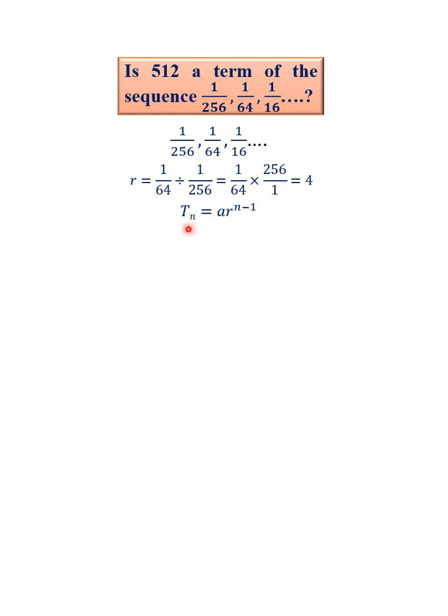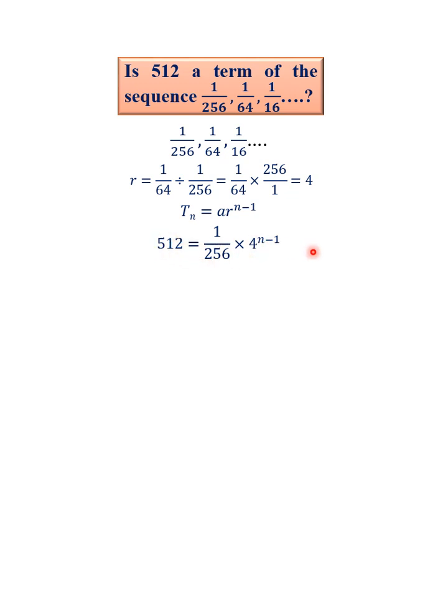Now, the nth term of a geometric progression is given as A R raised to power n minus 1. We are just going to find the value of n when this term is equal to 512. So 512 is equal to 1 over 256 for the first term, because a is the first term, times 4 as the common ratio r raised to power n minus 1.